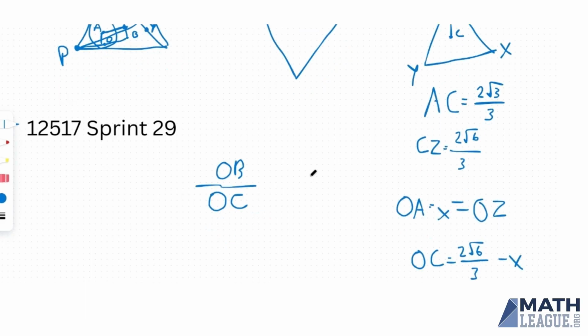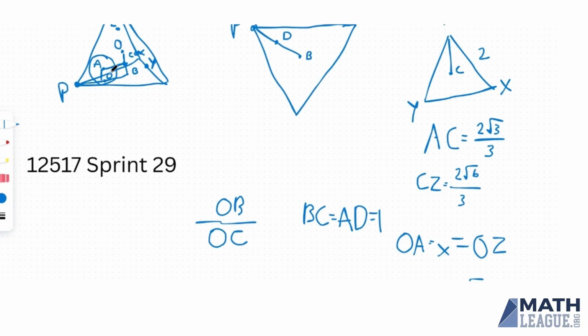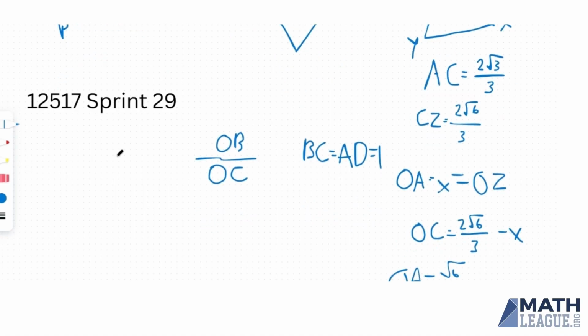And we know that BC and AD both equal 1, and that's the distance from the center of one of our spheres to the tangent point against the face of the large pyramid. This means that we also know that the edge length of the original pyramid is going to be (1 plus OC) over OC times the edge length of AXYZ, which we know is 2.